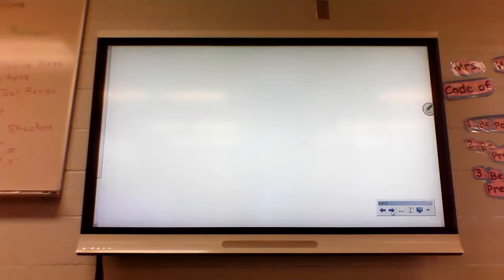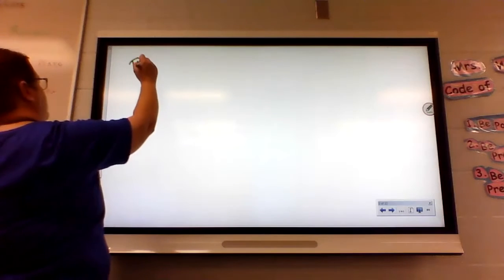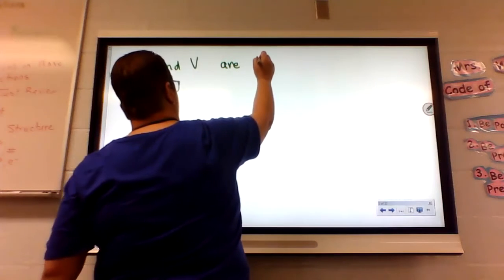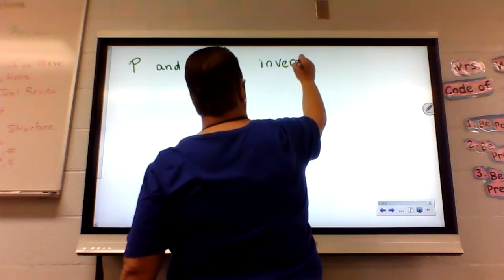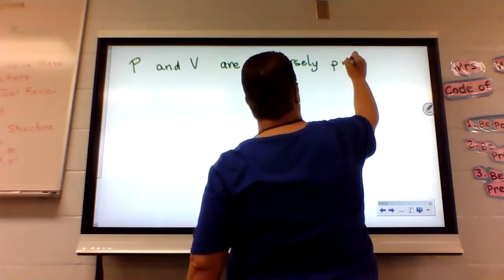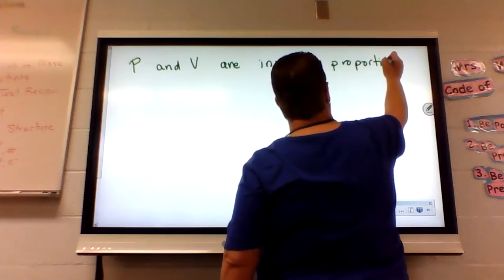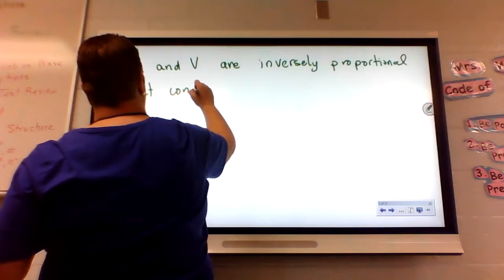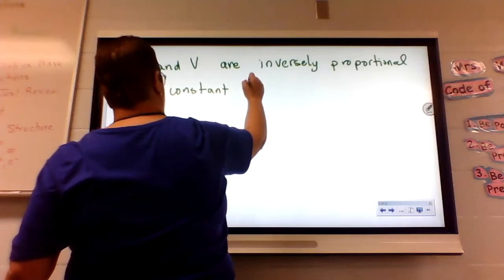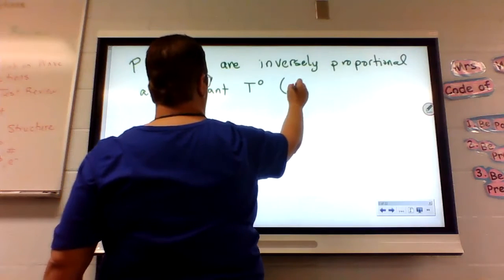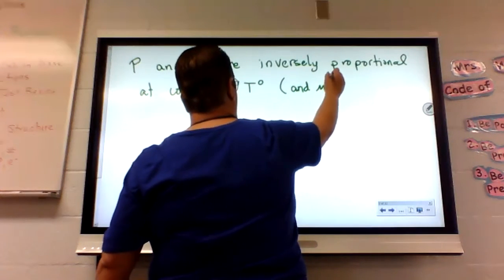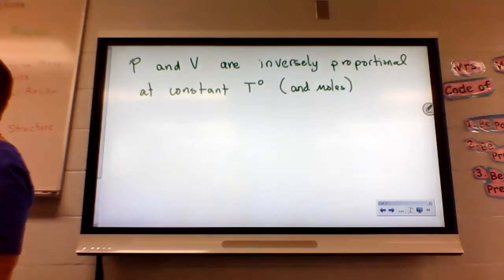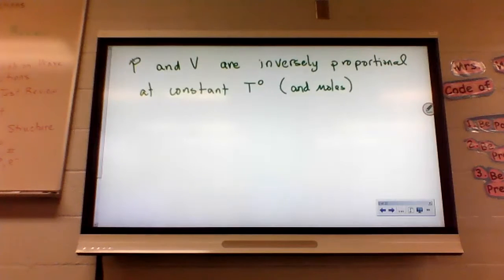So pressure and volume are inversely proportional at constant temperature, and I'm going to put moles in parentheses here, because remember, we're not changing moles at all. Moles are staying the same, but it's constant temperature.